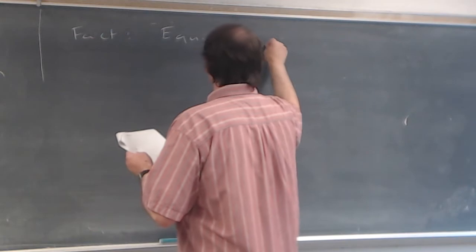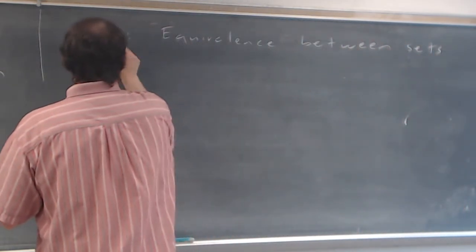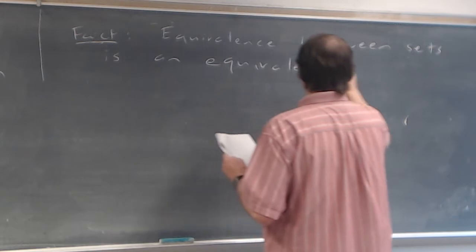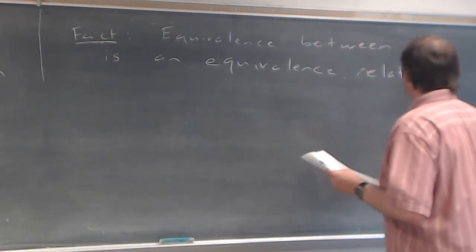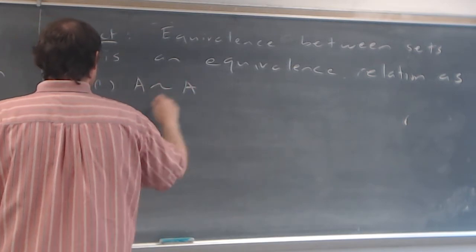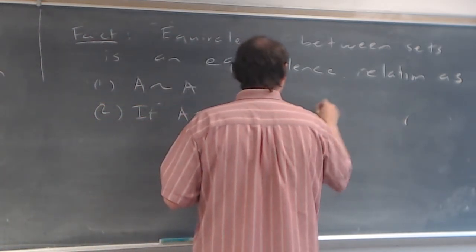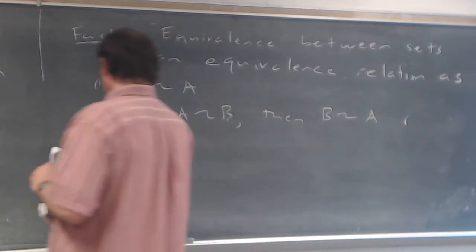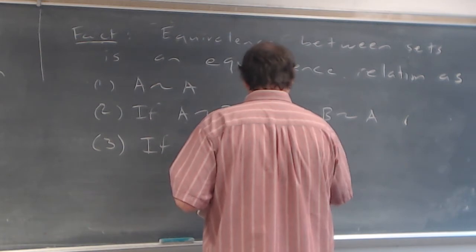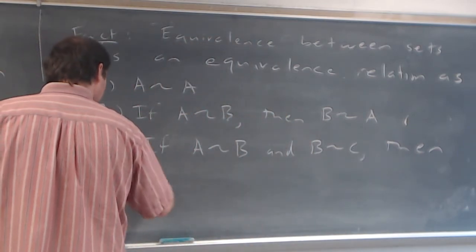Equivalence between sets is an equivalence relation as: 1, A is equivalent to A. 2, if the set A is equivalent to B, then B is equivalent to A. 3, if A is equivalent to B and B is equivalent to C, then A is equivalent to C.